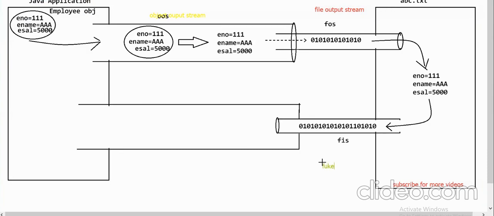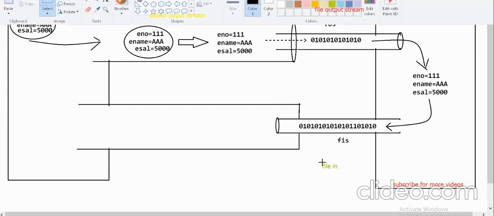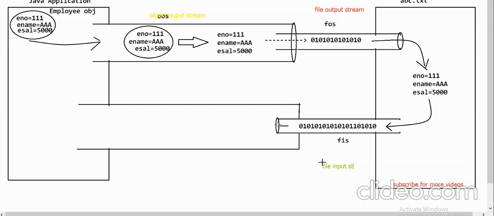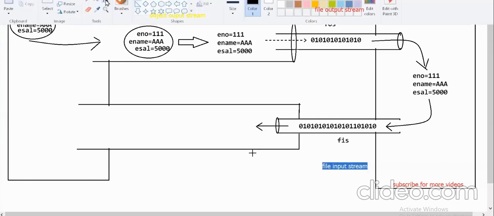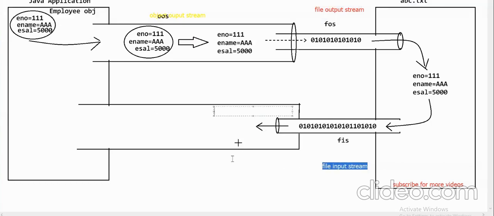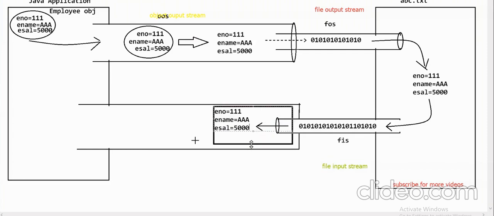When data is available in the file input stream, automatically the data will come to the object input stream. The data will be available as is: eno equals 111, ename equals AAA, then esal equals 5000. Okay, fine, no problem.